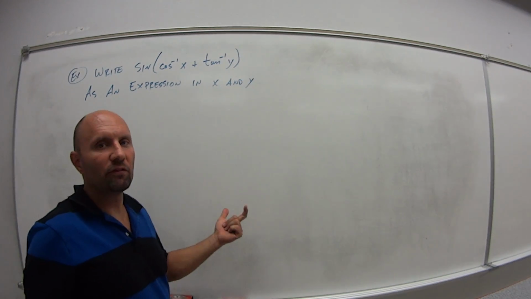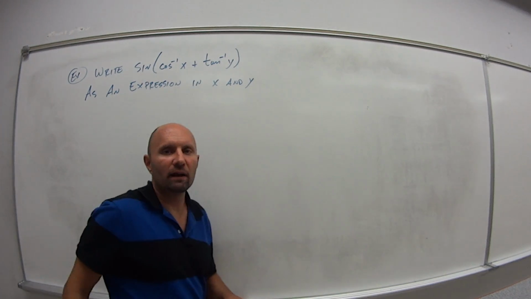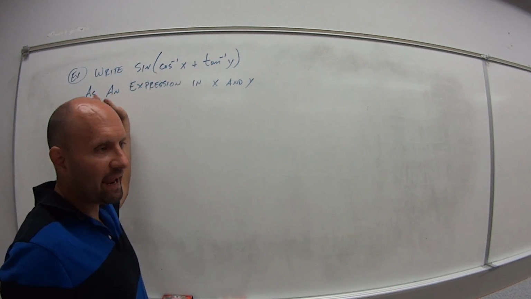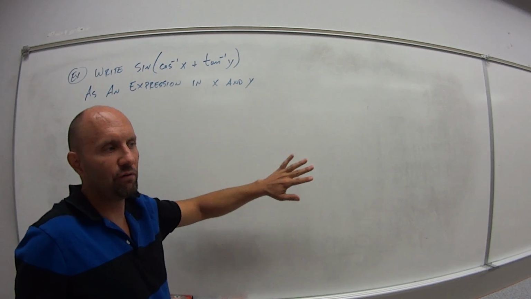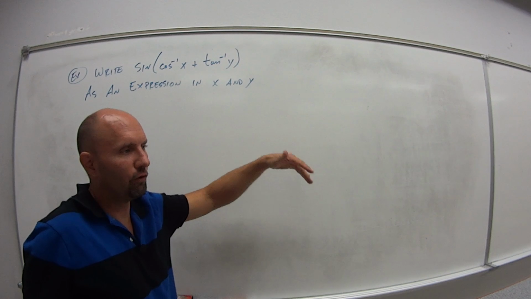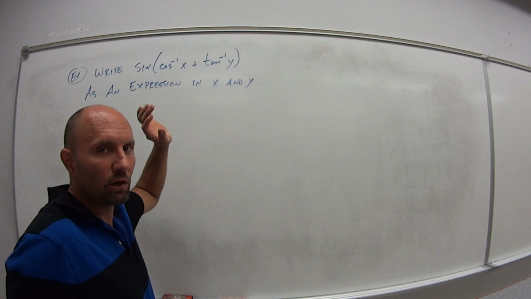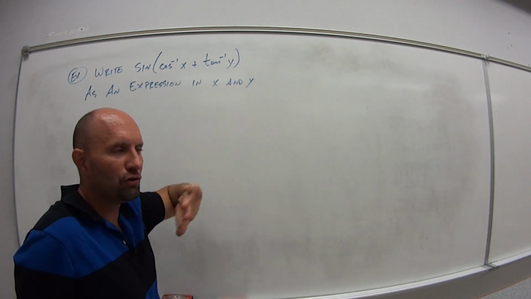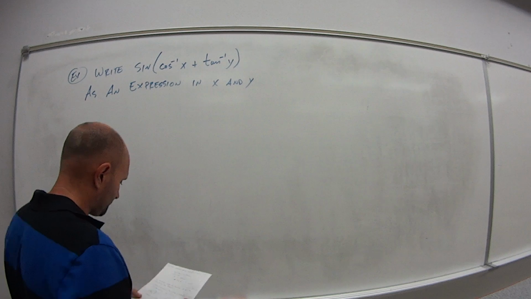What this problem is saying is that when I get a final answer and I draw a box around my final answer, I don't want any trig functions in there. It should only have some combination of x's and y's, maybe numbers, maybe square roots, things like that, but no sine, no cosine, no tangent, no trig function of any sort, just x's and y's.